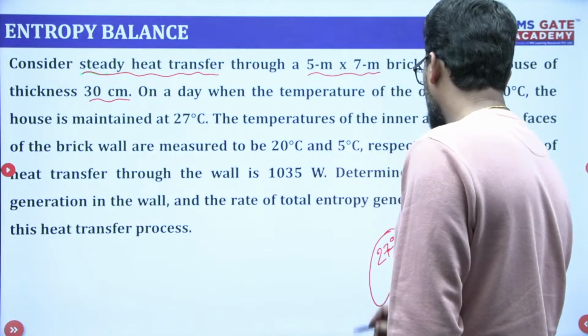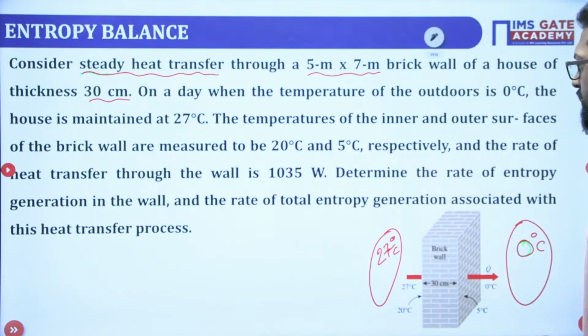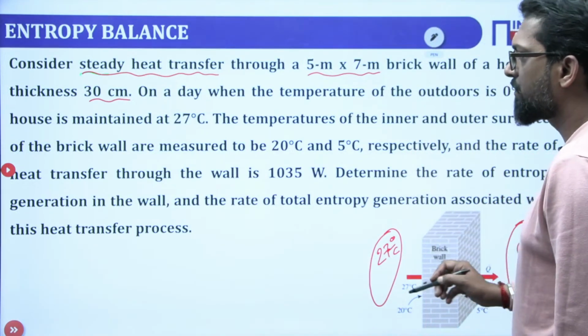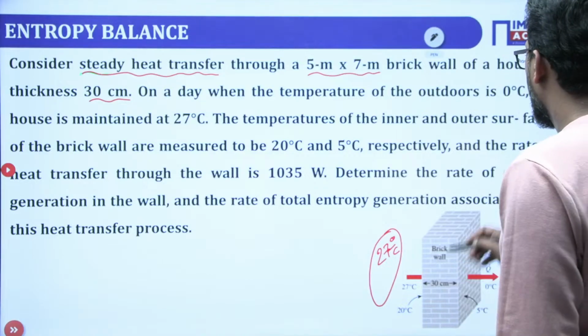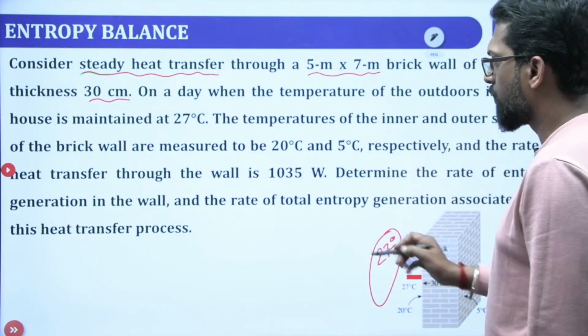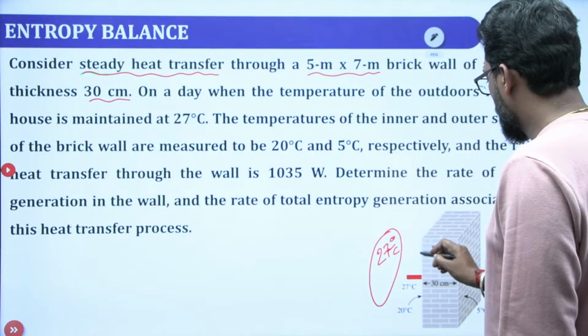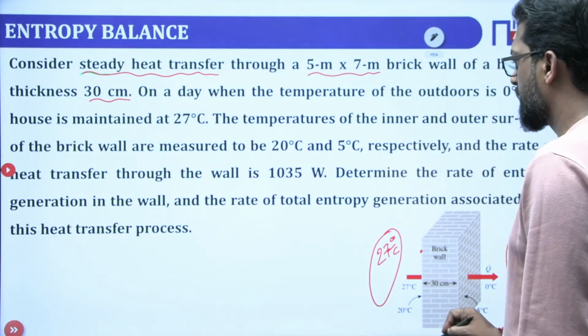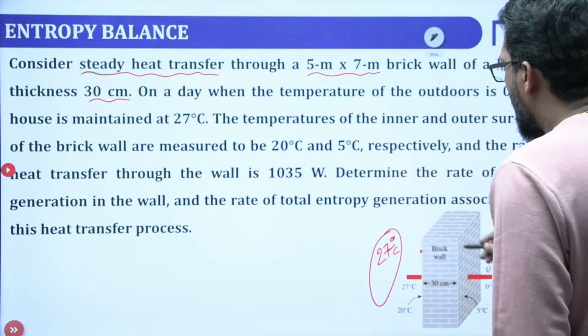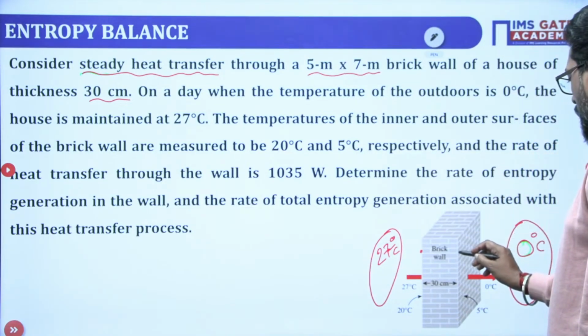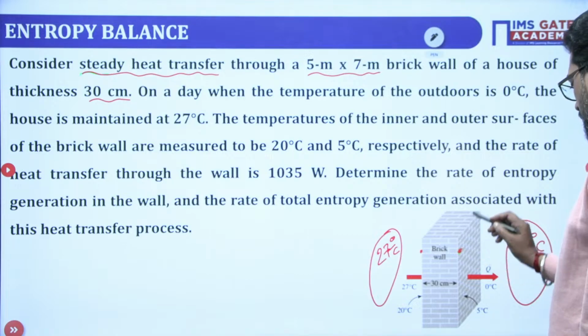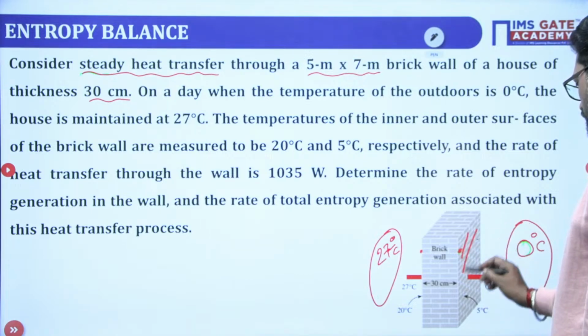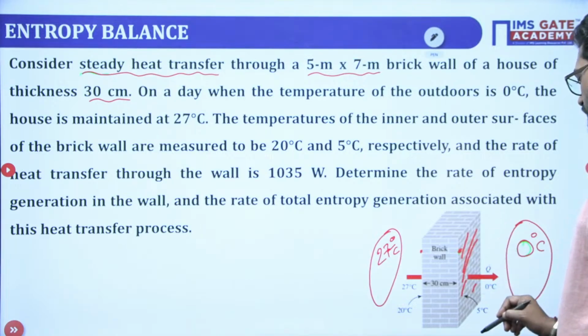The temperature of the inner and outer surface of the brick wall is to be measured. This is inner. At this surface, the measured temperature is 20 degrees centigrade, and the outside wall temperature is 5 degrees centigrade.